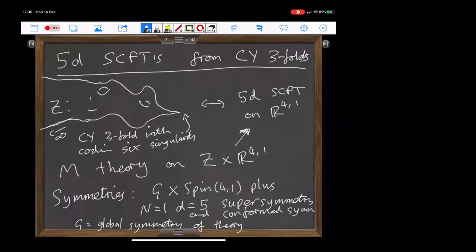Well, it has the 5-dimensional Lorentz symmetry, or its spin cover, since the theory has fermions and supersymmetry. There could be some global symmetry group G. And in addition, the Poincaré group gets extended to the superconformal Poincaré group. So if you like, the Lie algebra of that group is a bi-graded super algebra.